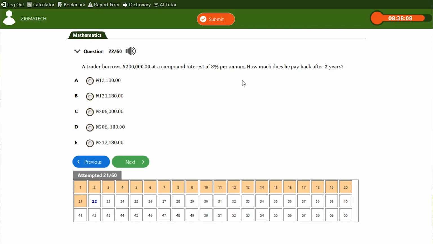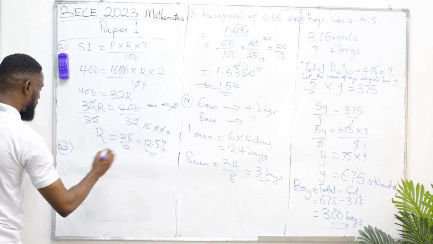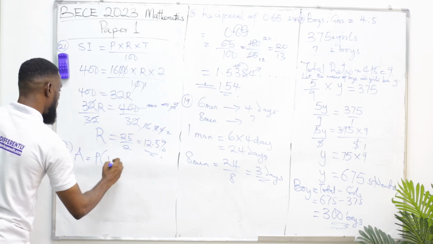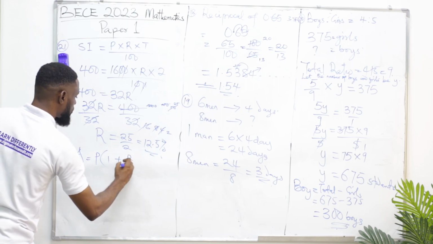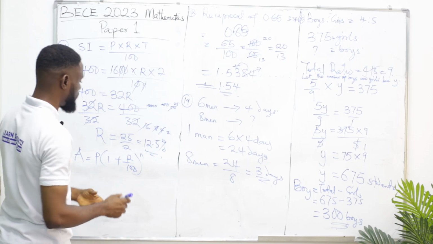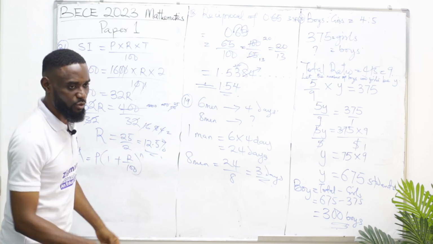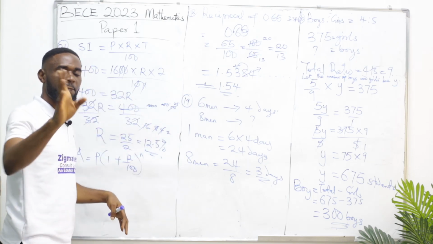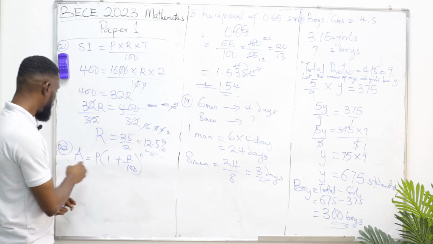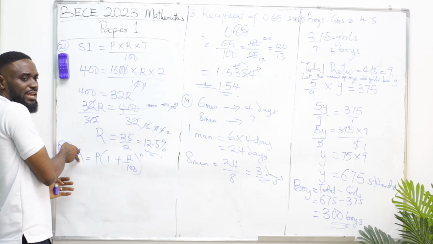22. So the amount he will pay, we have the formula for that. Amount is equal to principal times 1 plus R over 100 raised to the power of the number of years. You can go back to our topic on compound interest. You will see all this. So the question is, they're asking of what to pay, the amount.